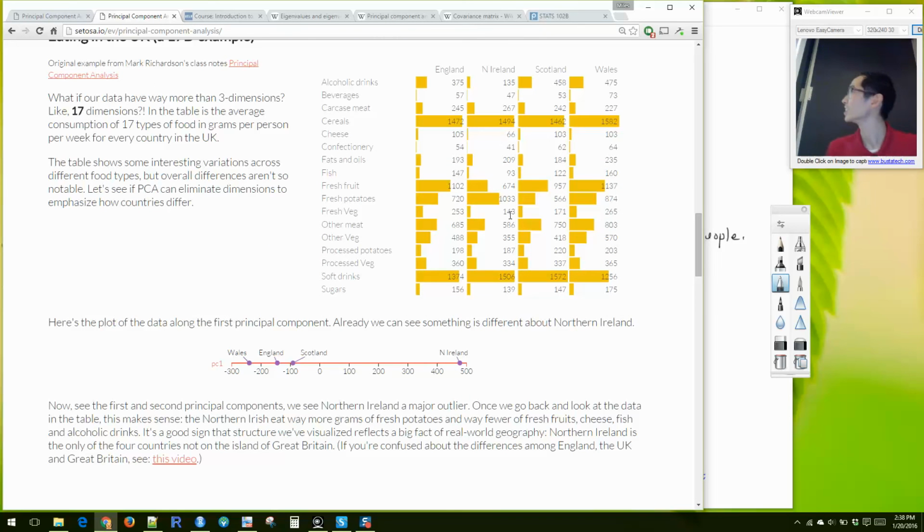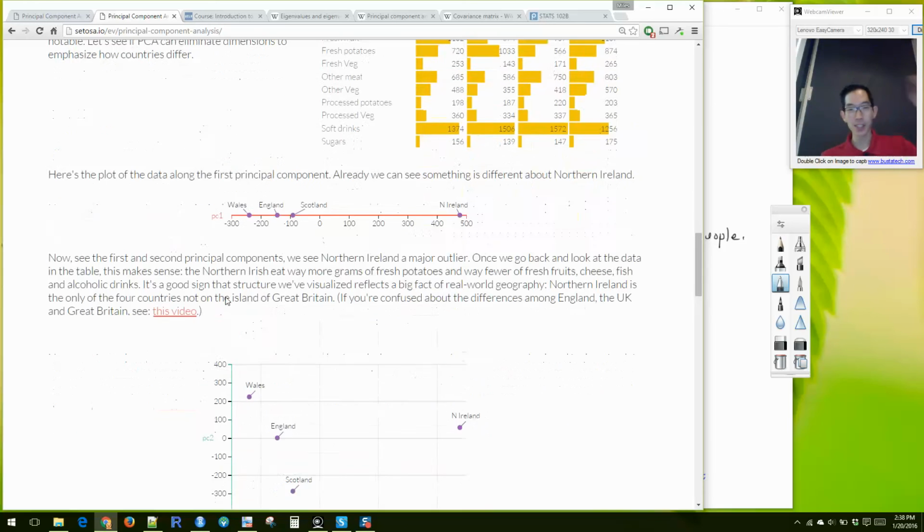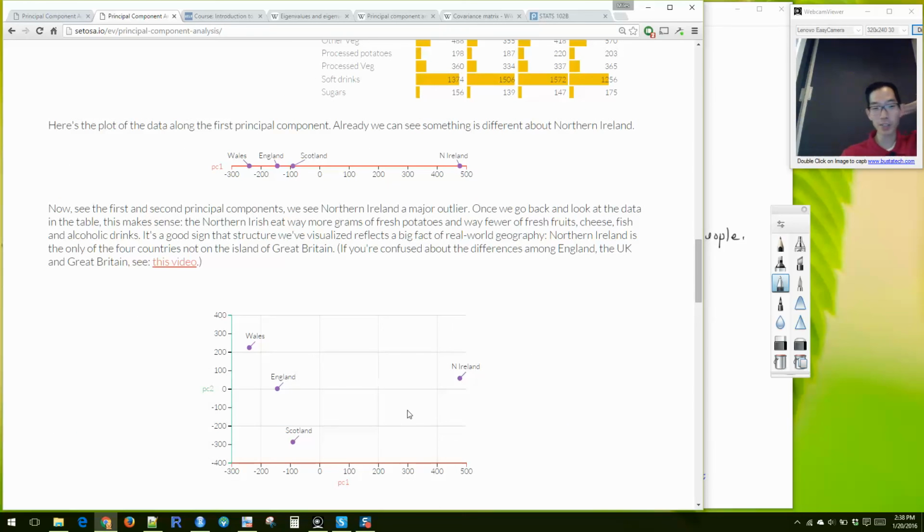It's kind of funny, but it's just how the country goes, right? If we threw another country in here, like an Asian country, rice isn't listed, but I guess cereals would just show up really high. So anyway, you can graph this. You can look at the first two principal components.